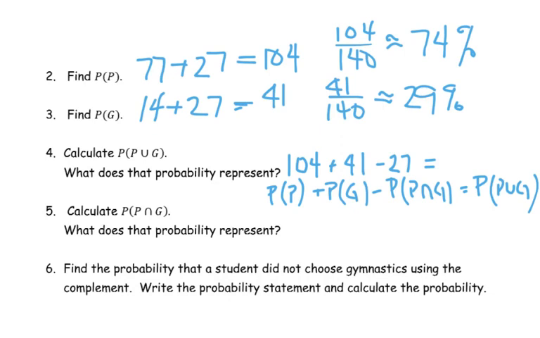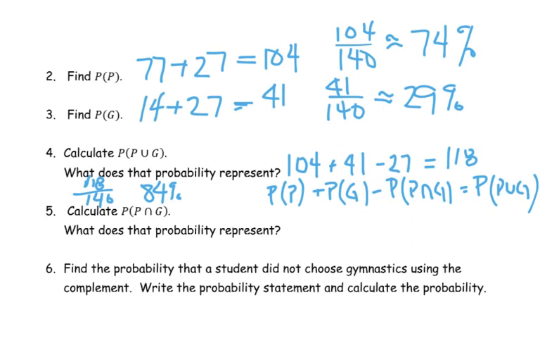That's 145 minus 27, which will equal 118. So 118 divided by 140 will give us the percentage of 84% probability. So 84% probability that they chose photography or gymnastics.